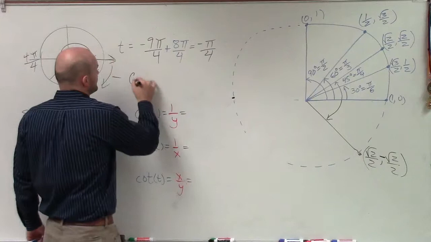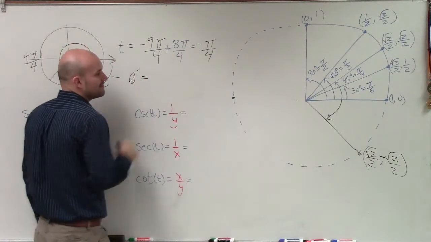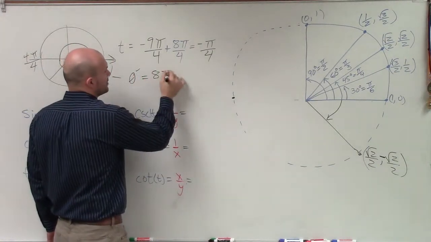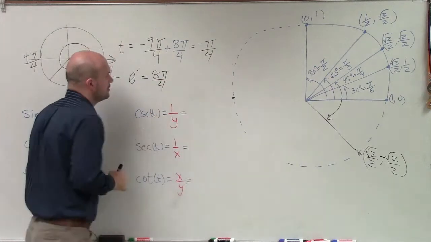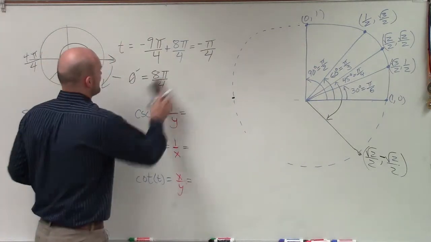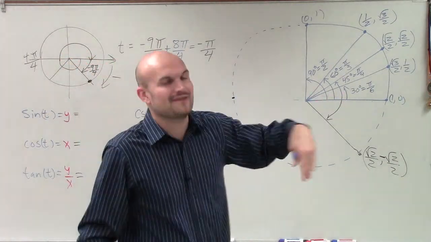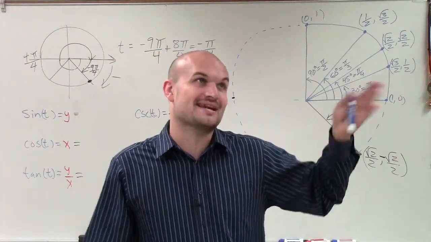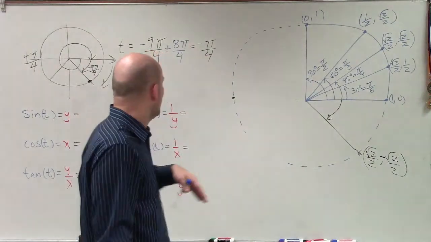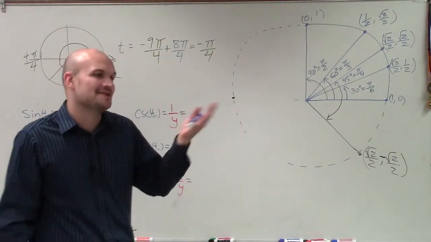If you wanted to find the reference angle in the fourth quadrant, you'd have to find the positive coterminal angle by adding again, and then find the reference angle.